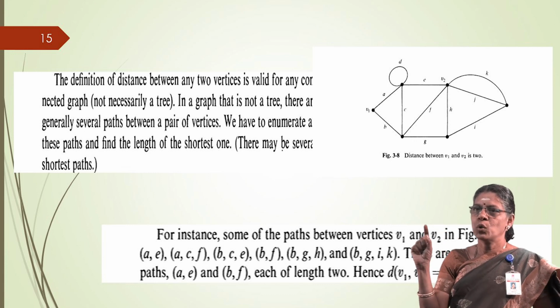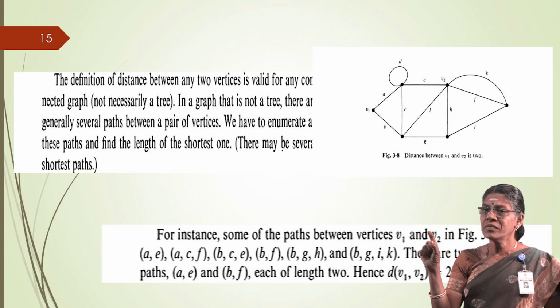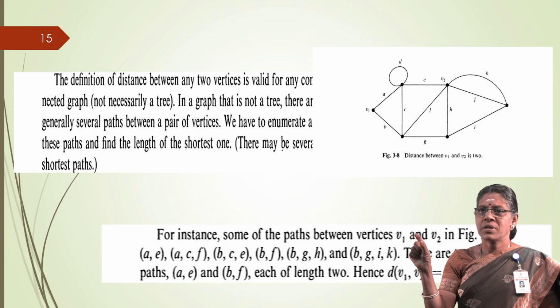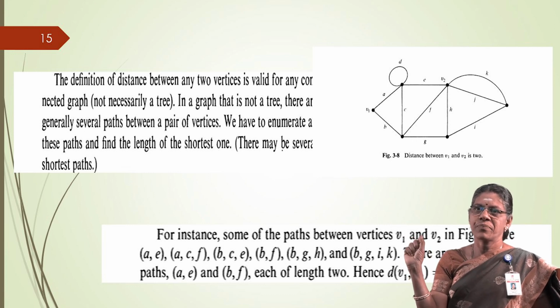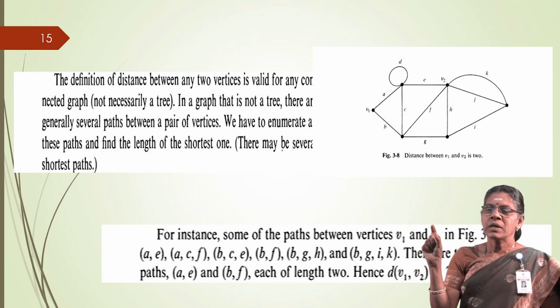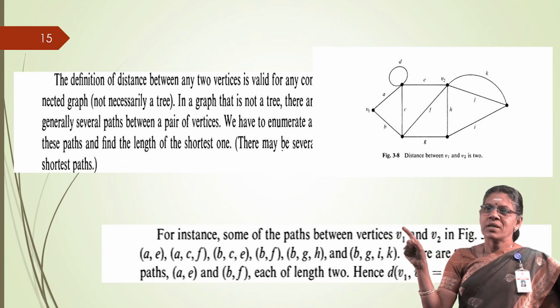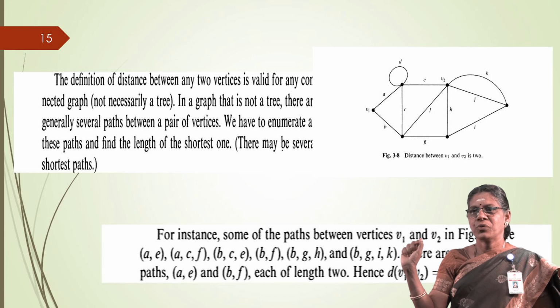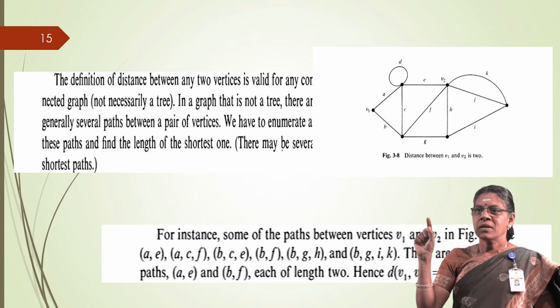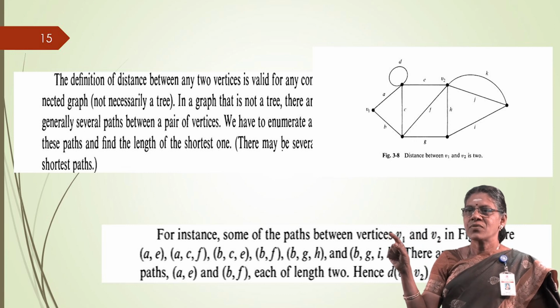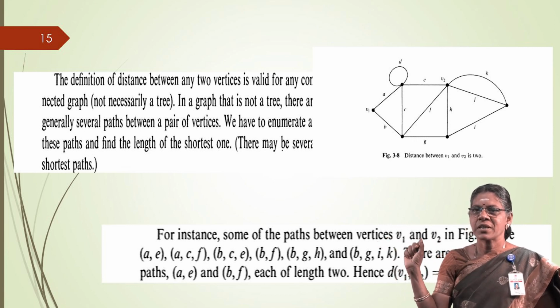We have the same concept and definition of distance. So see the graph and find the distance between two vertices V1, V2. The graph is given and the paths between V1 and V2 are discussed here.